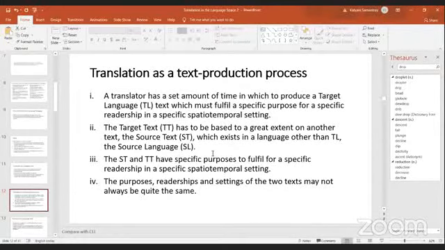So that's what I meant when I mentioned that the source text and the target text have specific purposes to fulfill for a specific readership in a specific spatio-temporal setting. That is the communicative approach. That's the essence of the communicative approach as it happens in translation also.